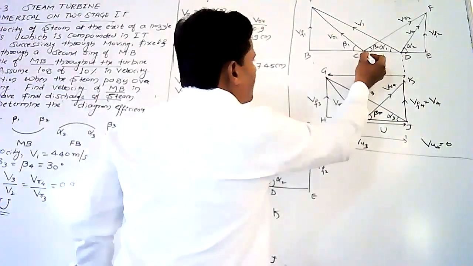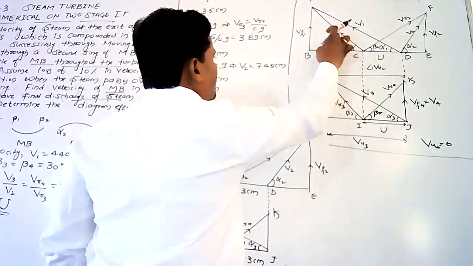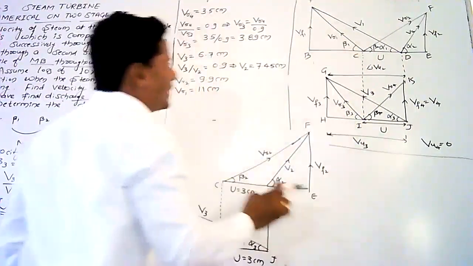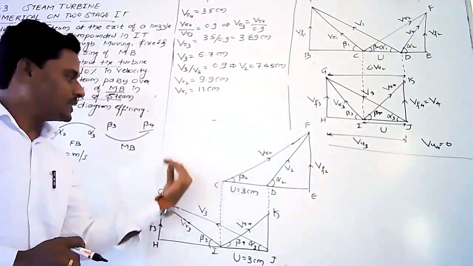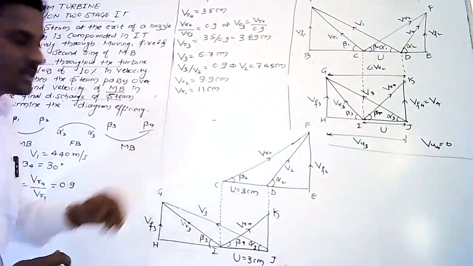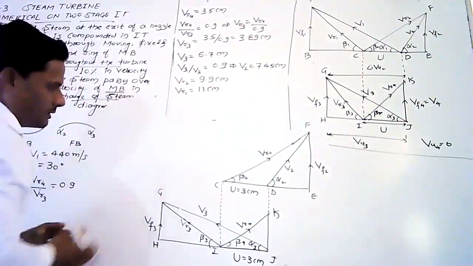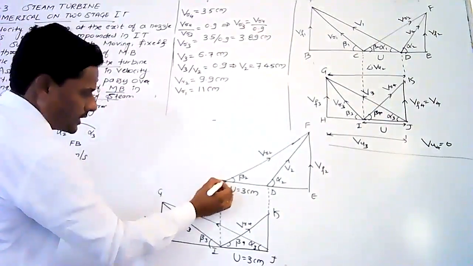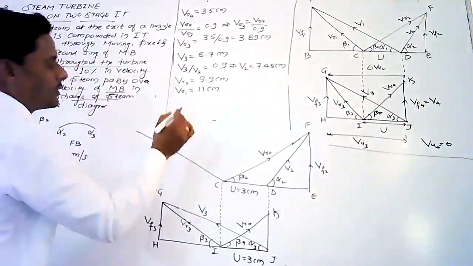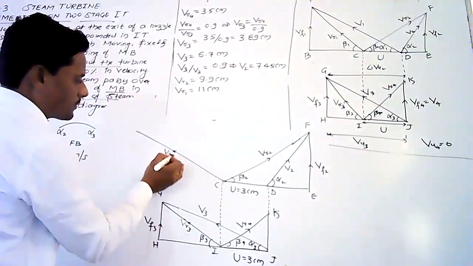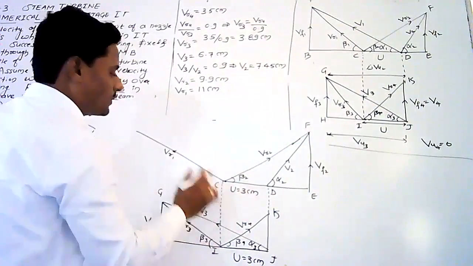Now from point C, beta 1 is known, 30 degrees, and the velocity VR1 is also known. Keep the protractor on point C and measure the angle beta 1 in clockwise direction, that is 30 degrees. From point C, take a line here. This is VR1, equal to 11 centimeters, at an angle of beta 1 equals 30 degrees.